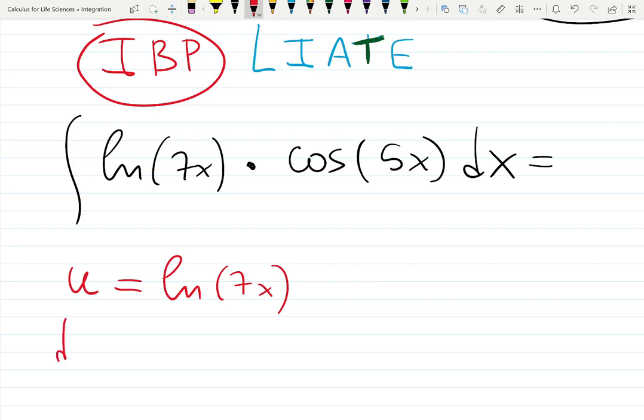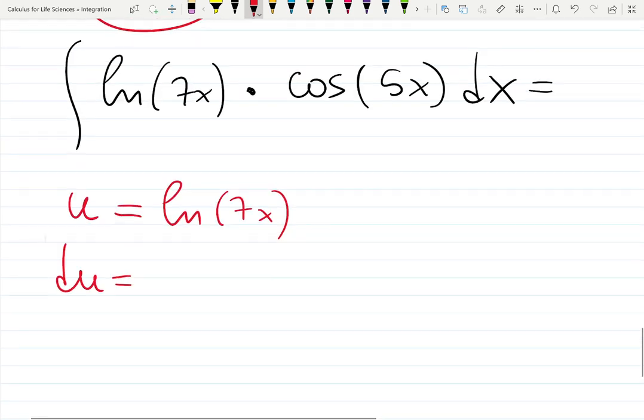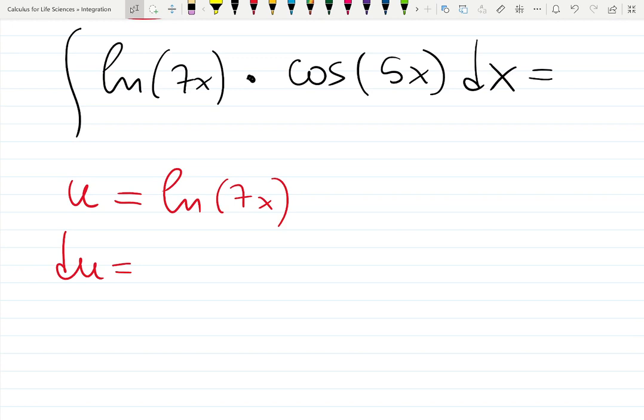Immediately find the derivative. du is, and that's where it's supposed to remind you, the derivative of log is 1 over everything inside, and this is where you can make a mistake. dx. What is missing? 7. Chain rule says times the derivative of the function inside. The derivative of 7x is 7. And that's why it's just 1 over x actually. The 7 got taken care of itself, canceled out.